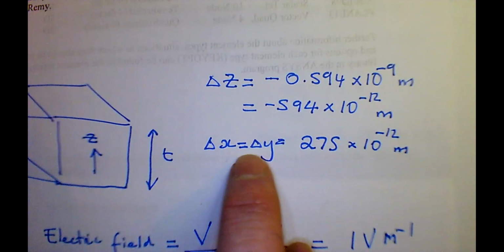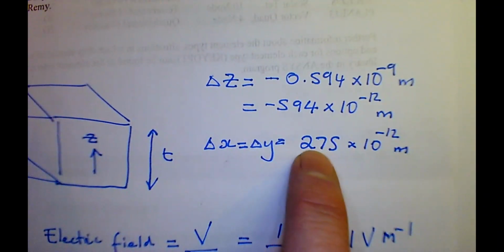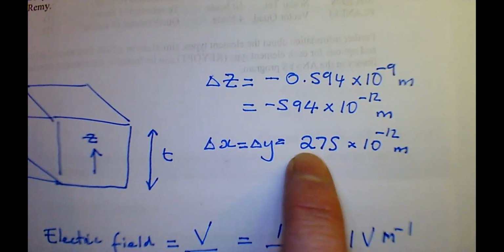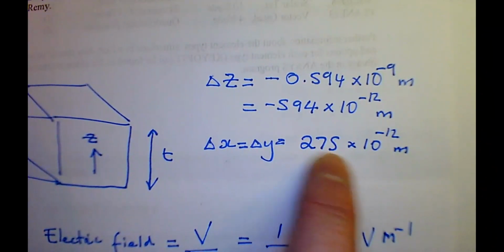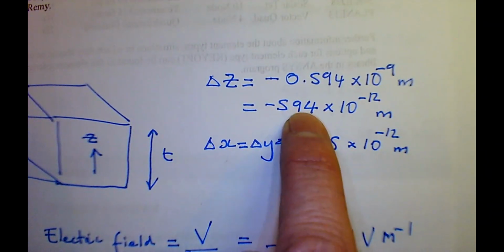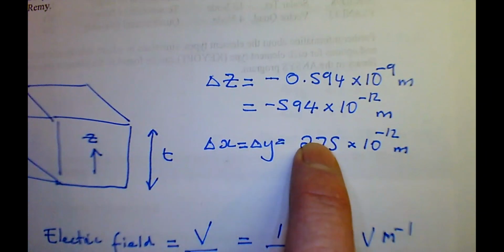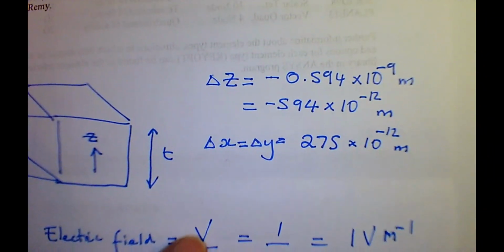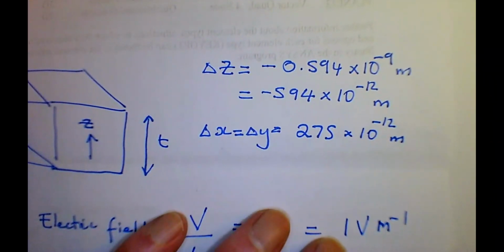D31 is the strain per unit field in the X and Y direction, and that should again be around 270 picometers per volt, which would then lead to a deflection of 275 or so picometers. So again, that's in excellent agreement with the D33. And they're opposite in sign, and that's exactly, again, what you'd expect. If this is positive and this is negative, or this is negative, this is positive in terms of displacement. So that's working extremely well.